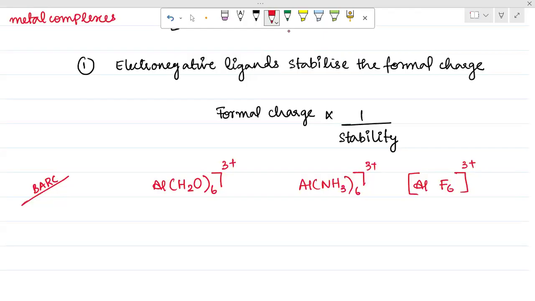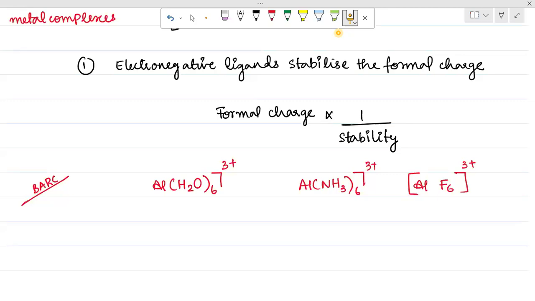You can understand that in all the cases, there is a lone pair of electrons being provided to the aluminium. And hence, aluminium gets accumulated with a lot of negative charge. So we don't want that, correct? We want a balance. Neutrality is what we want. So with respect to that, which one is stable is the question.